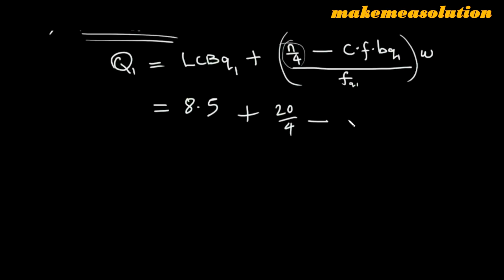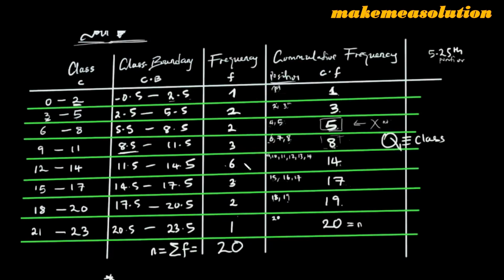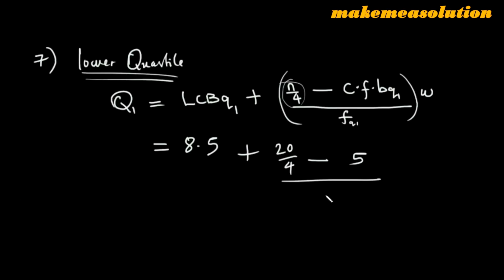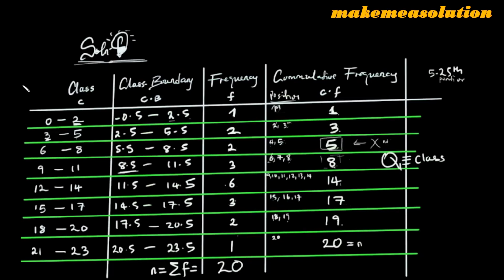So you put 5 divided by the frequency of the lower quartile class. The frequency of the lower quartile class is given to us as 3. Then class width. So class width W is going to be what? How do we calculate class width? Class width is calculated by upper class limit minus lower class limit plus 1. So any of the upper class limits and lower class limits plus 1.